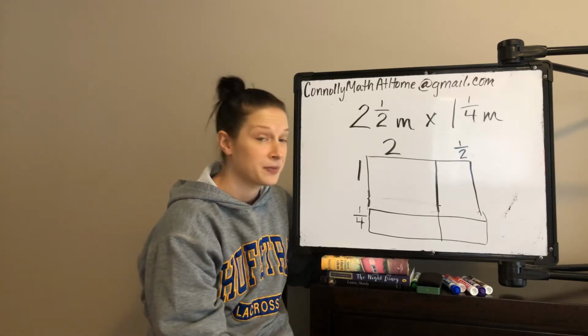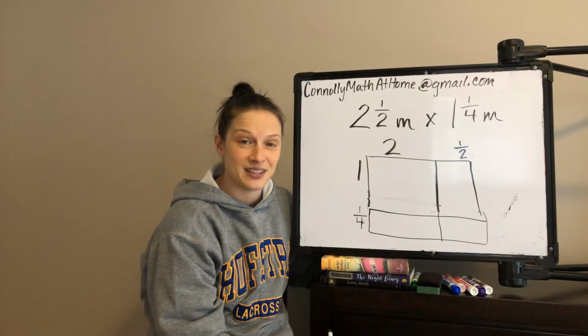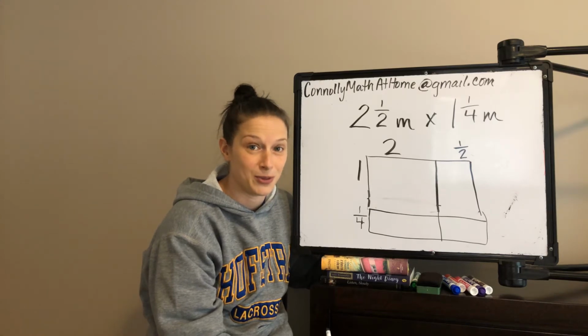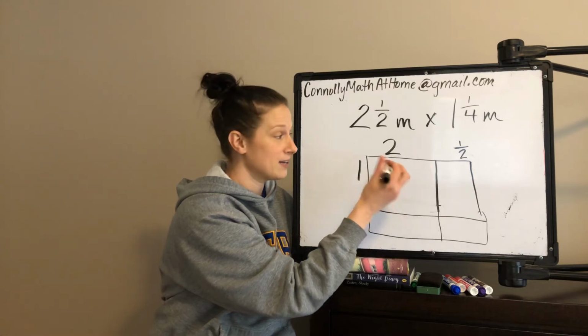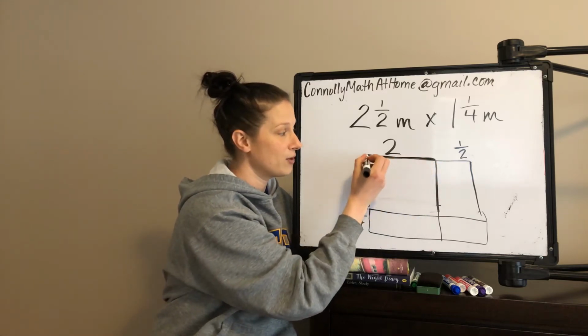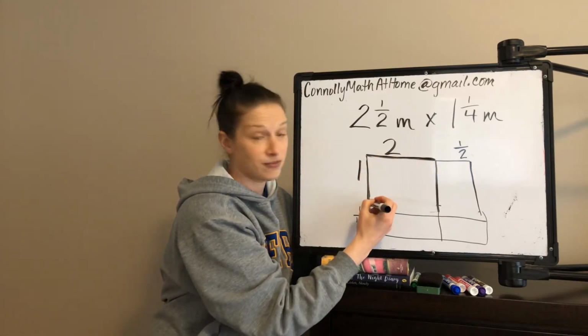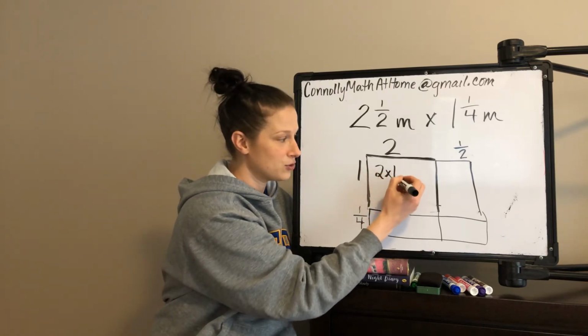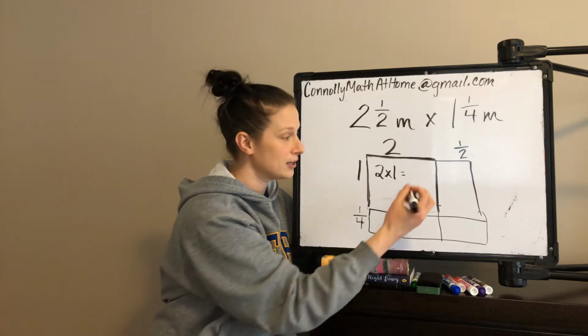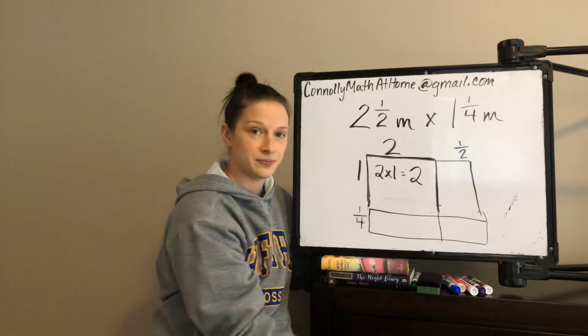Okay, so what are we going to do? We're going to do the same things we did with whole numbers. So in this piece here, this rectangle, we have a width of 2 and a length of 1. So in here, we multiply 2 times 1, which is, you got it, 2.